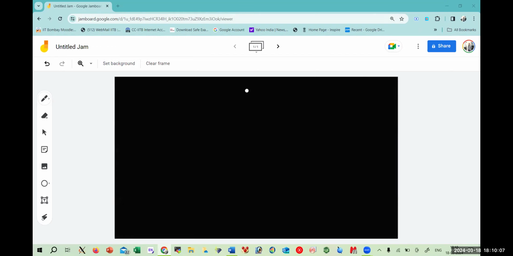So without wasting any further time, today's session is about the topics that we are going to cover. We have already discussed the different types of polymer materials, thermoplastic, duroplastic, and elastomers, in the last session.